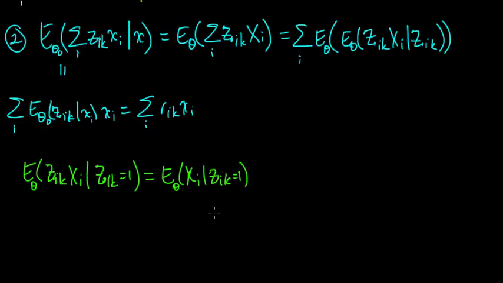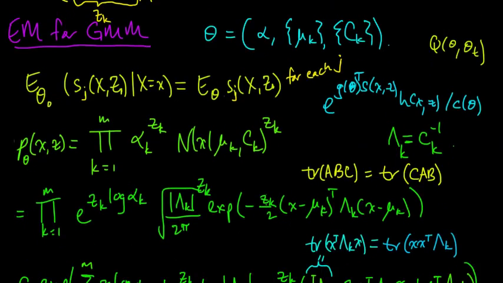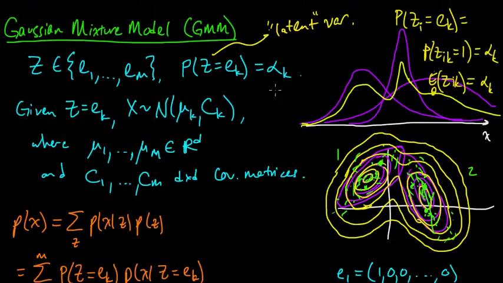Okay, so what is this? Well, let's go back up to our model. We want to think about the conditional distribution of xi given zi. Here's the model. Given zik equals 1, so if zik equals 1, then zi equals ek. Right? The kth component is 1.